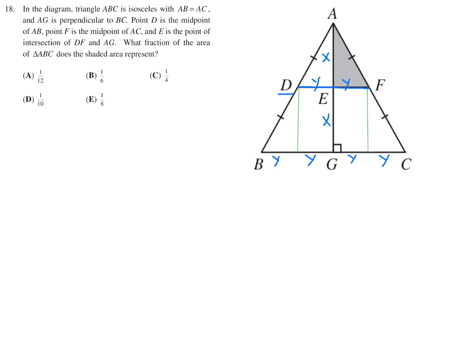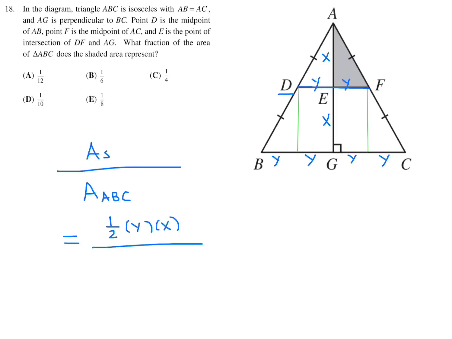So now let's figure this out. Area of the shaded region, AS, all over the area of ABC, like that. So area of S is 1/2 base, which is y, times height, which is x. And area of ABC is 1/2 the base, which is 4y, times the height, which is 2x.